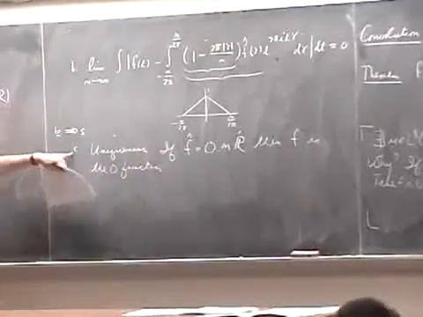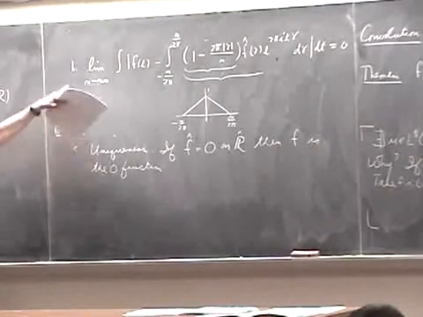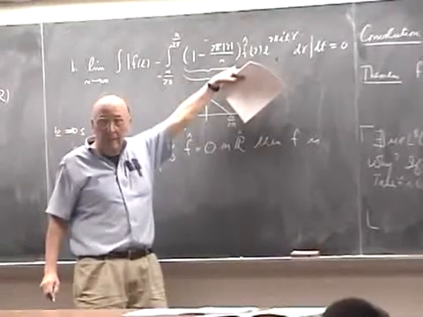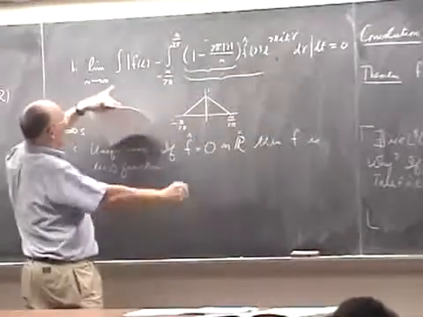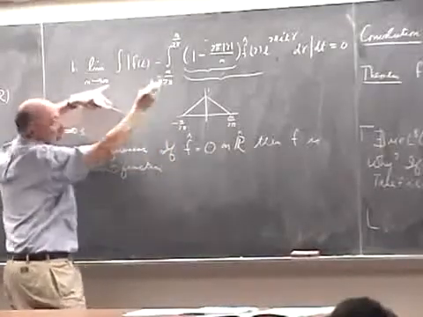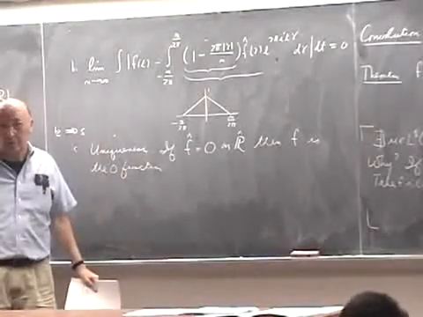You can see that item C follows from item B, because if f hat is equal to 0 on R hat, then all I have is that the integral of f of t in absolute value is equal to 0. So that means that f has to be the 0 function.